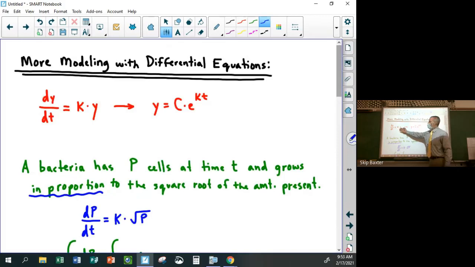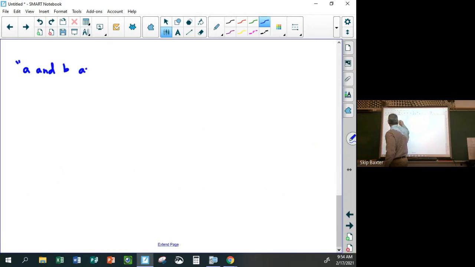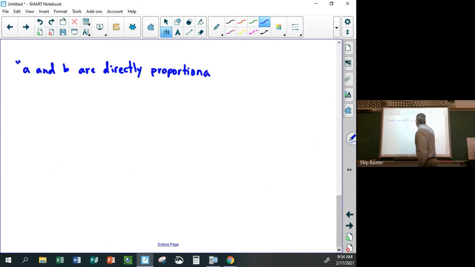If A and B are directly proportional, or simply proportional, that corresponds to the situation where B equals K times A, or vice versa, A equals K times B. That's what directly proportional means.